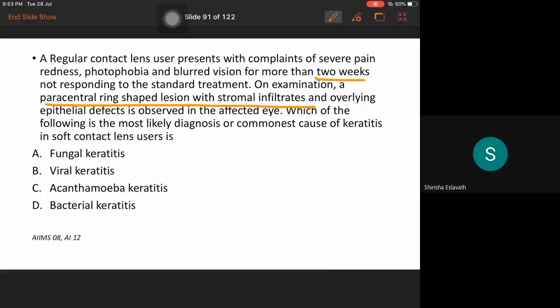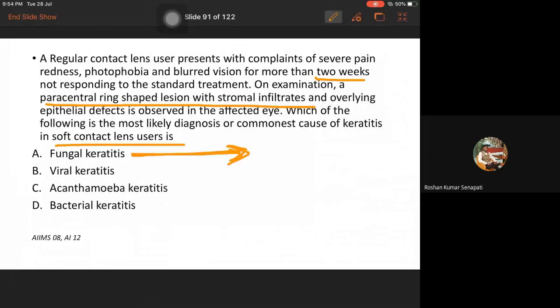Which of the following is the most likely diagnosis, or the commonest cause of keratitis in a soft contact lens user? What is your answer here? Acanthamoeba keratitis. How do you rule out other things? See, I have underlined, right? Past history is contact lens use. Fungal keratitis is associated with vegetative matter, mainly.